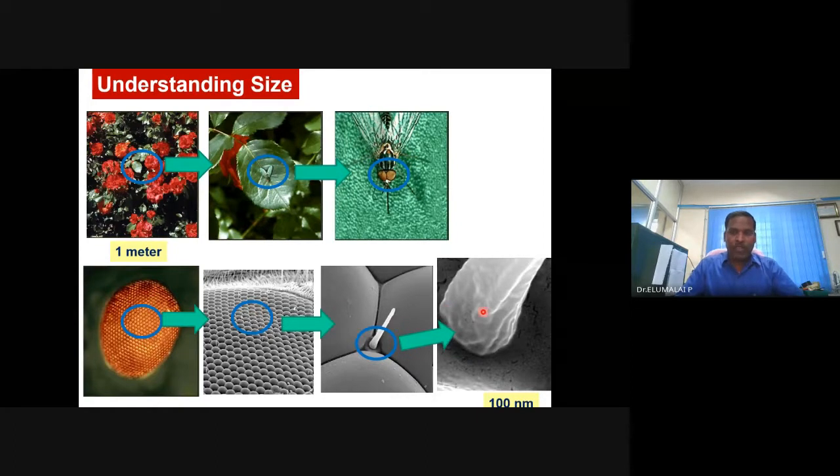At a sufficiently nanoscale, such a character is associated with this insect. Maybe with young eyes you'll be able to see up to this. Beyond this, you'll have to depend on a third party.